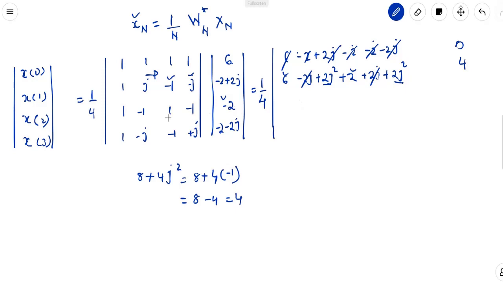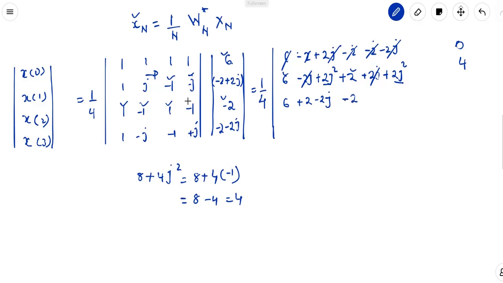Okay. So the next value is 1 into 6, so this is 6. Then 1 into this whole term you have to multiply, so this becomes plus j plus 2 and minus 2j. Next value is 1 into minus 2, so this becomes minus 2.